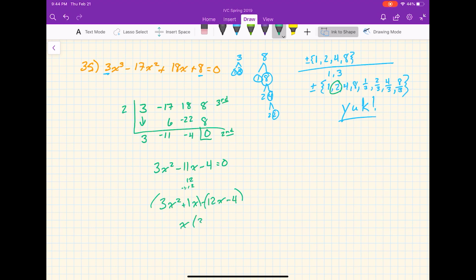Here we go. Now we have x times 3x plus 1, minus 4 times 3x plus 1. There we go. So now we have x minus 4, and then we have 3x plus 1.